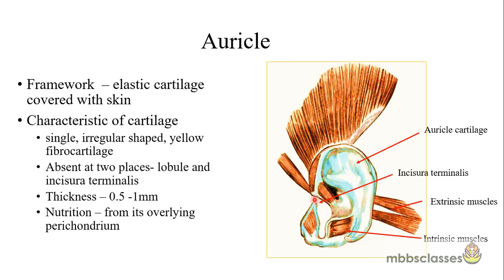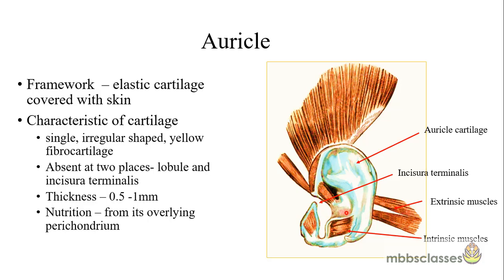This cartilage is attached to the skull by ligaments and by muscles. As you can see in this figure, these are the intrinsic group of muscles which run through the cartilage, and the second group, the extrinsic muscles, connect the cartilage to the side of the head.